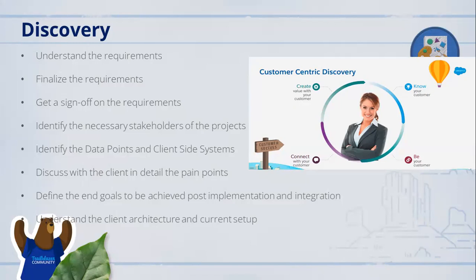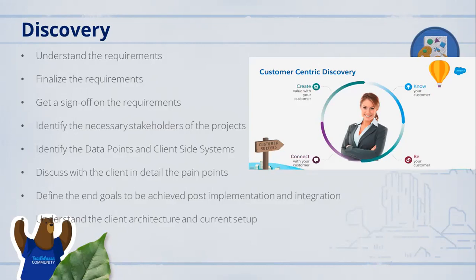Also understand from the client their pain points. Say client 1 may have email as a pain point. Client 2 may have SMS as a pain point. A third client may have email plus SMS and not being able to execute journeys in their current platform as a pain point. Identify all of those during the discovery phase, and list those down as a requirement of what we want to achieve as a goal.